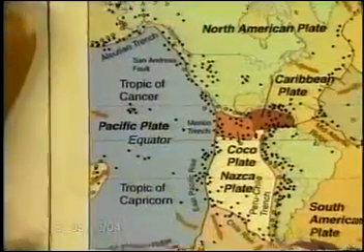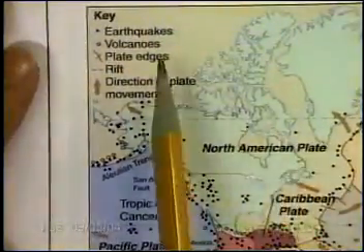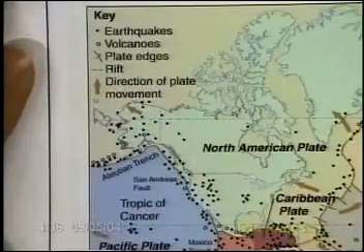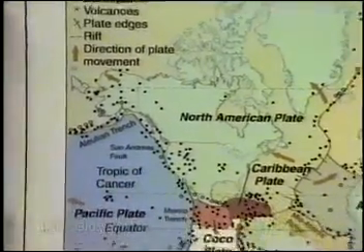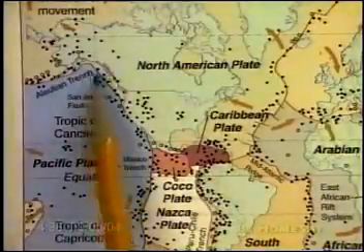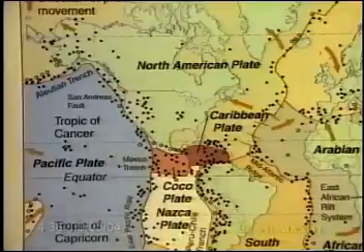And there's a map in your textbook on page 33 that lays this out for us. And on this map, we have the different plates. Let me show you the key here. The earthquakes and the volcanoes, the plate edges, rifts, and direction of plate movement are all marked. But just for an example, let's look at the North American plate. Here we see the edge of the plate, and you can see all of the black dots clustered around it.